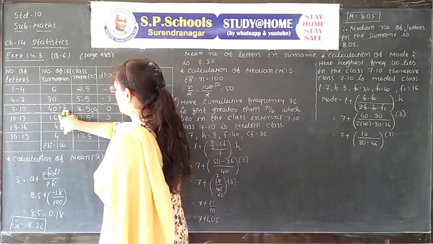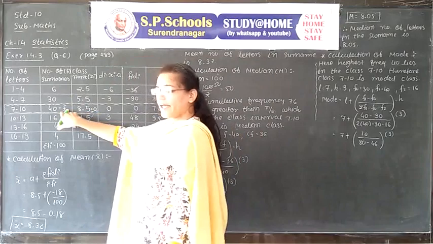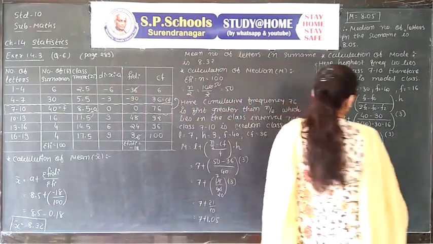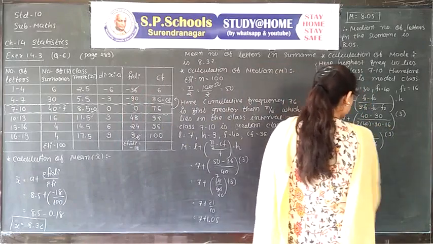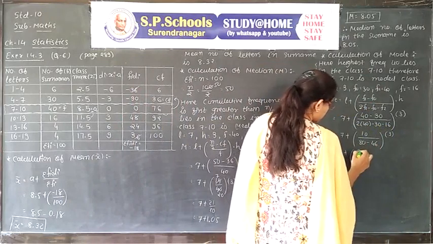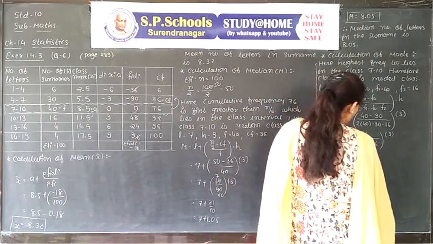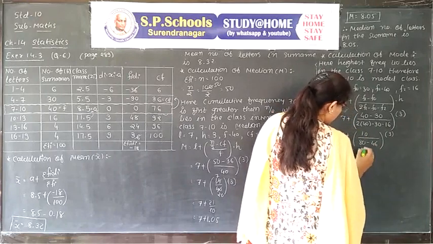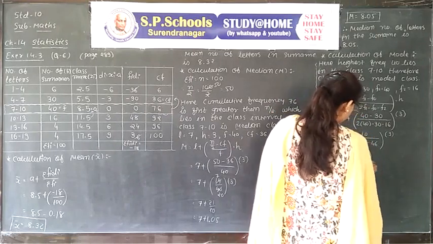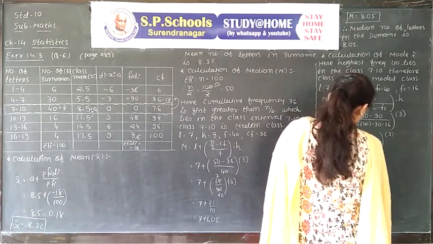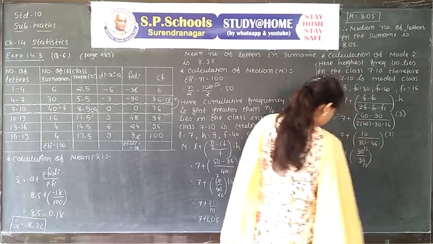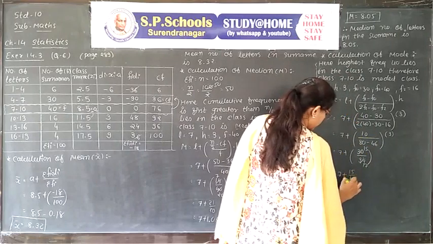The highest frequency is called F1, but it is F for finding a median. 7 as it is plus 30, now we subtract 46 from 80, which is 34. Now cutting is possible by 2, 7 plus 15 upon 17.